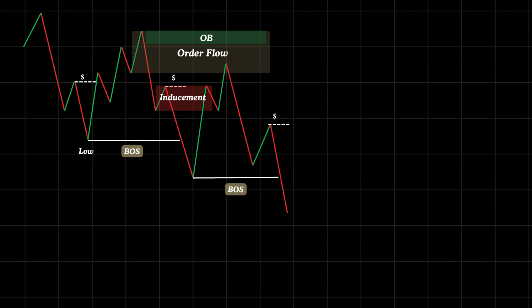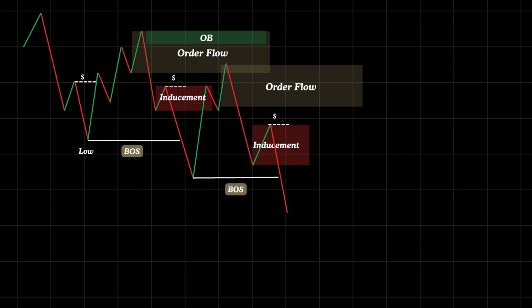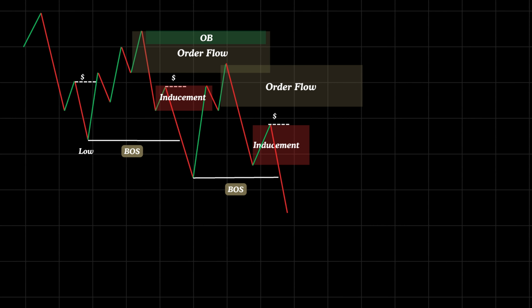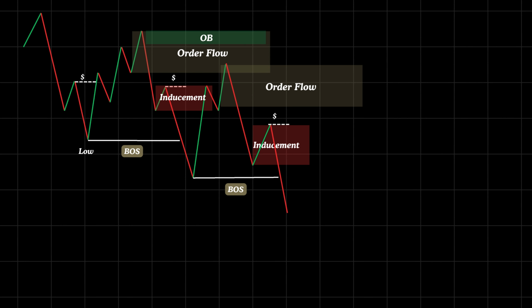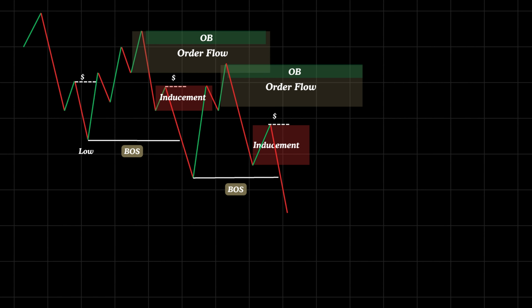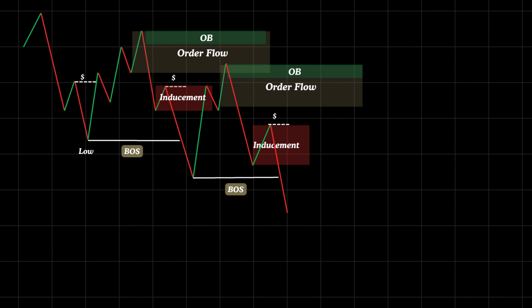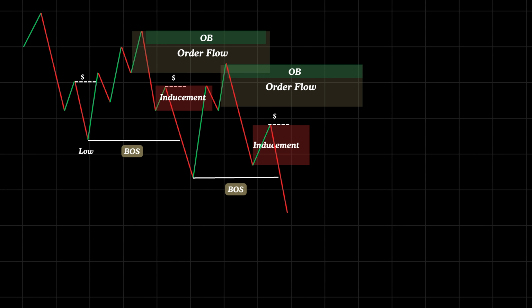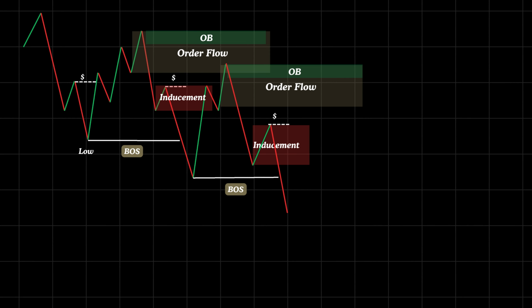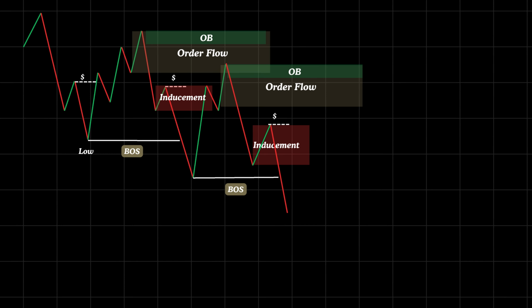Again, we're looking at an order flow zone, this one representing the final buying activity before the next downward BOS. At the far end of the zone, we find an order block. This reinforces the idea that price tends to respond more reliably to the entire order flow zone rather than just the block itself. That said, order blocks still play an important role. They help fine-tune your entries within the larger order flow zone.